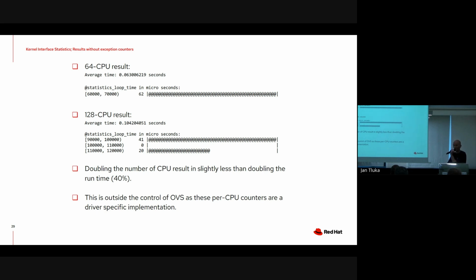The problem is that's not really something we control in OVS. It's something that the driver developers have decided to use, but it's something to be aware of in this scenario. So I don't really have a solution for this other than asking every driver not to use per CPU statistics, but then you run into other problems. But if you see a lot of time spent on the main thread, this might be one of the issues.